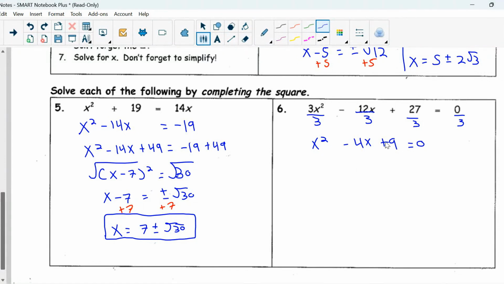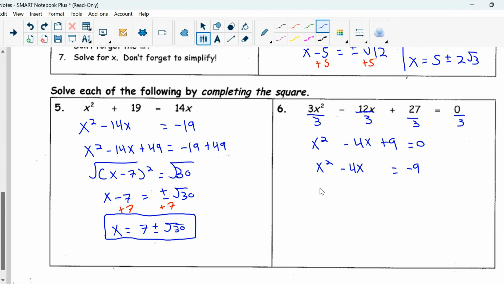So start by subtracting 9 to the other side. That gives me x squared minus 4x, leave a blank, equals negative 9. To fill in my blank, I'm going to divide my b value by 2. So negative 4 divided by 2, which gives me negative 2. Negative 2 squared gives me positive 4.